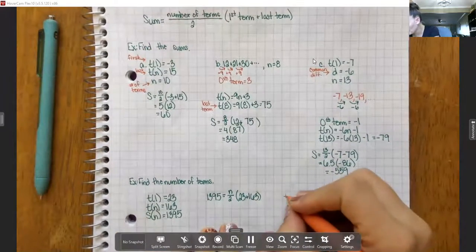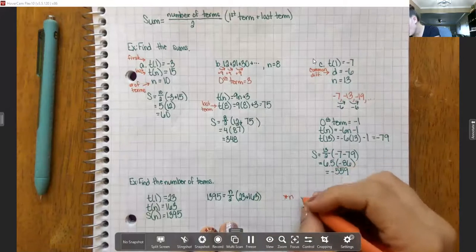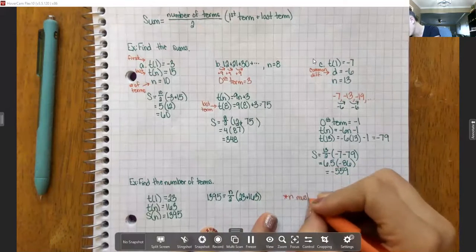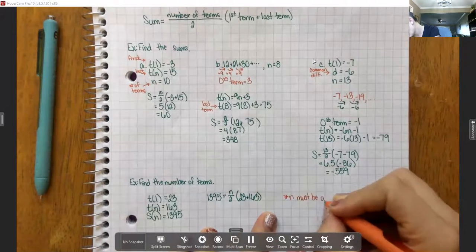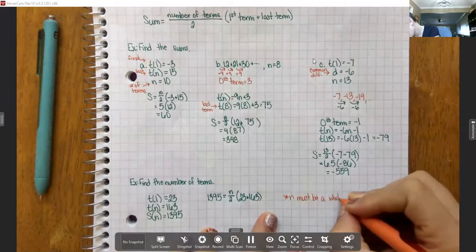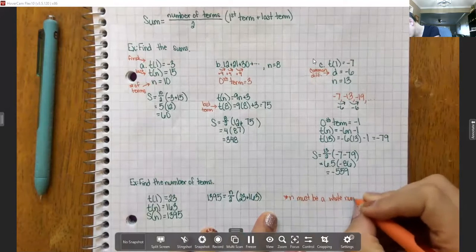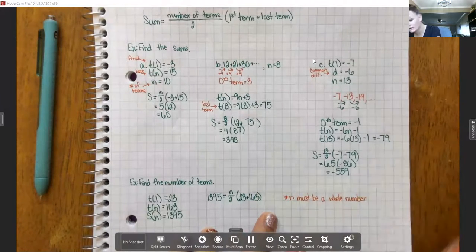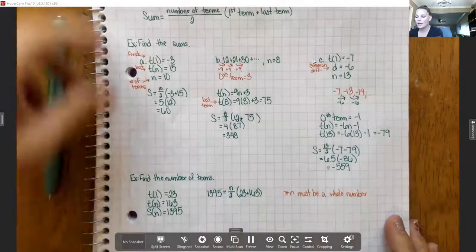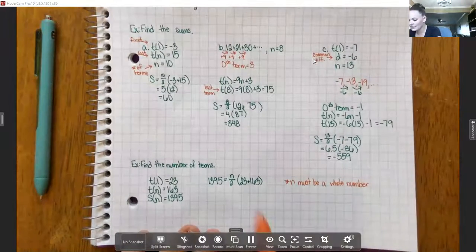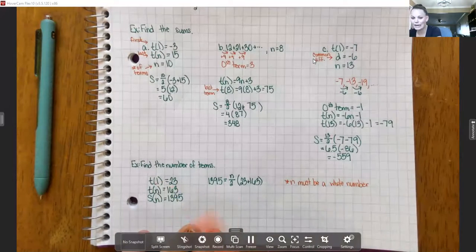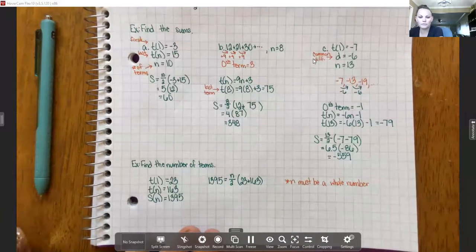And remember, I said this at the beginning, but n must be a whole number. So no decimals, no negatives. N has to be a whole number because it's how many terms you are adding together. That's kind of what this is asking.